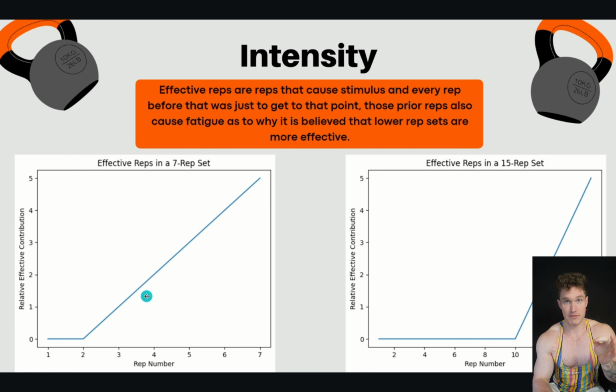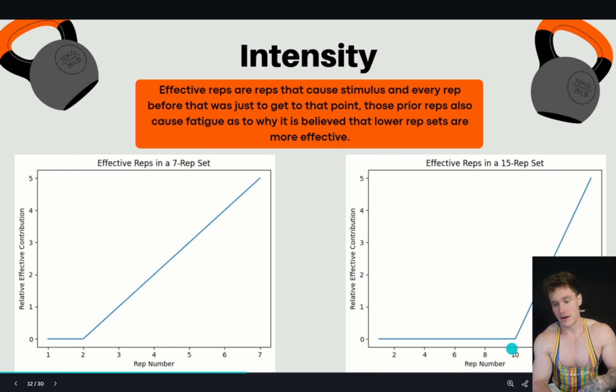So if you're in a 7 rep set, it's very quick that you essentially start to get stimulus. Whereas that first rep, you do 1 rep of a 7 of a weight you could do 7 reps on, you're not really going to get that much stimulus. But you do 4 reps of a weight that you could do 7 of, you're actually already starting to get some kind of stimulus. Now, if you could do 15 of that weight and you do 3, pretty much going to do bugger all.